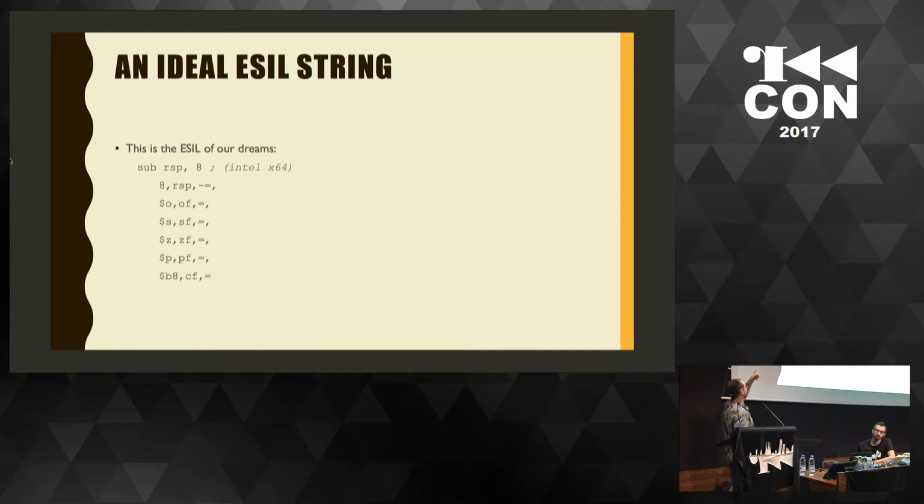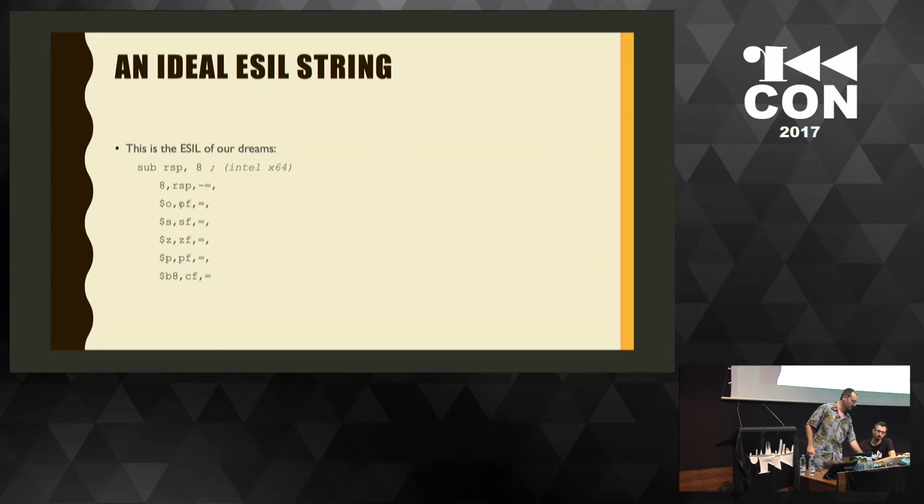And now this is an ESIL string. This is a very nice ESIL string. You can see that the coded instruction is subtracting 8 from the RSP register in an Intel x64 platform. The operations in the ESIL string are: we put 8 on the stack, the RSP register, and do the subtraction.